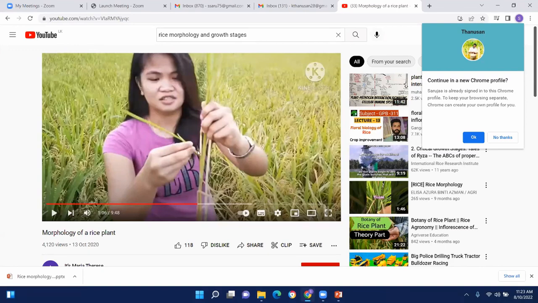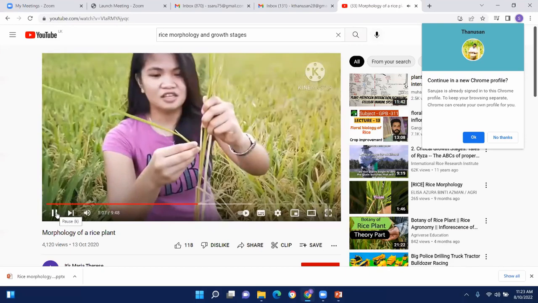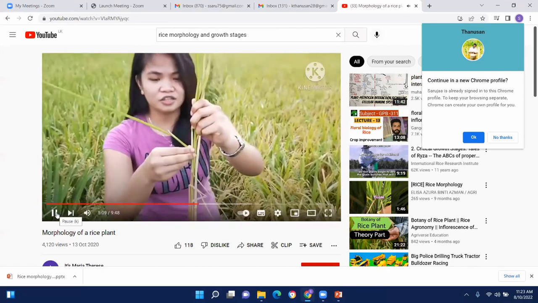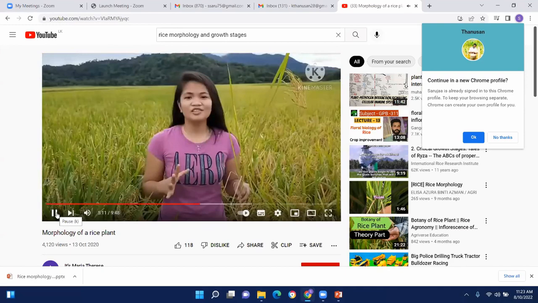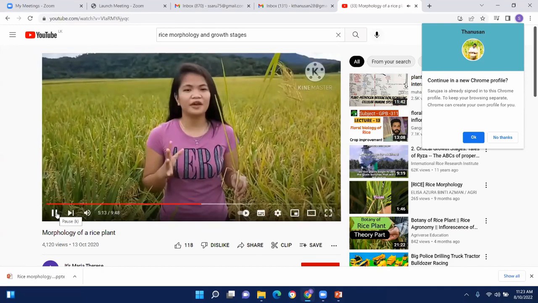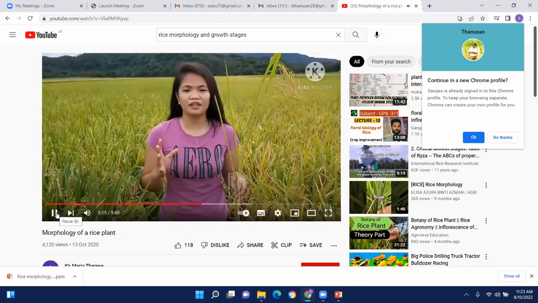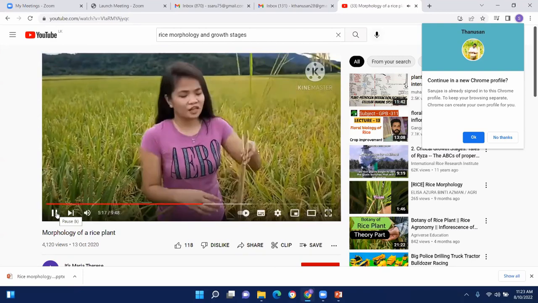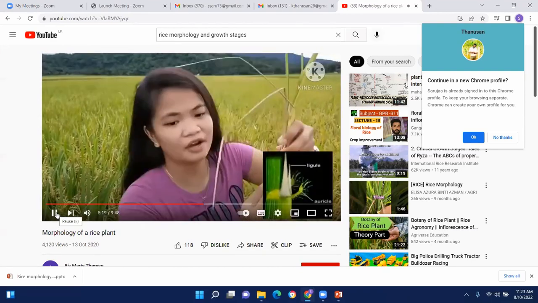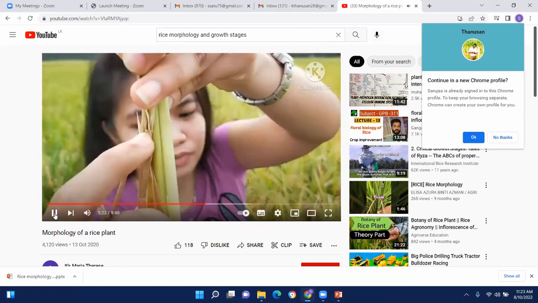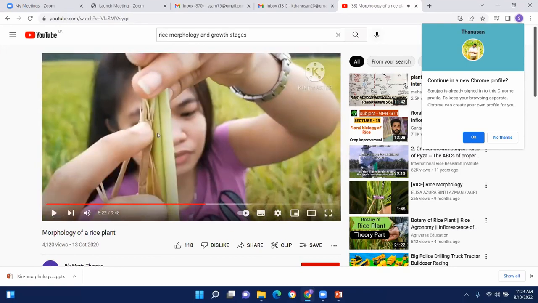That area is called the leaf sheath. On either side of the base of the blade are pairs of small ear-like appendages, which we call the auricle. In this part, this is what we call the auricle.